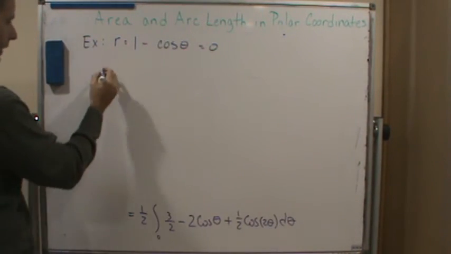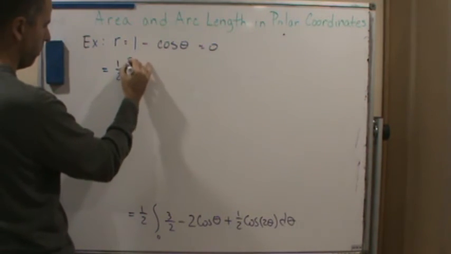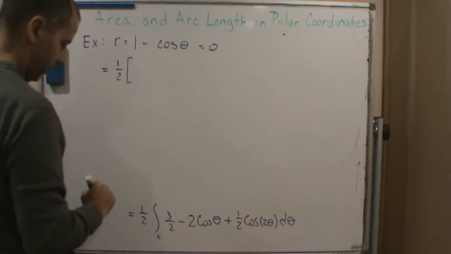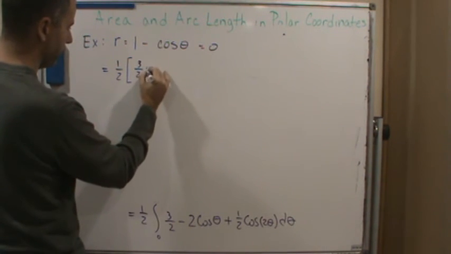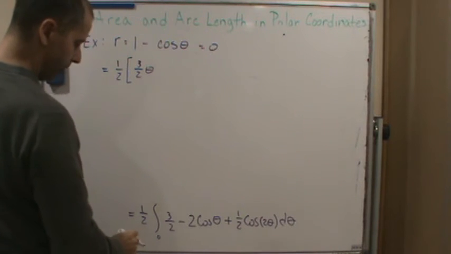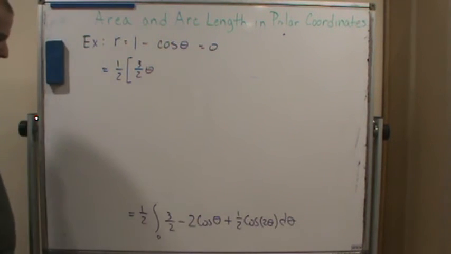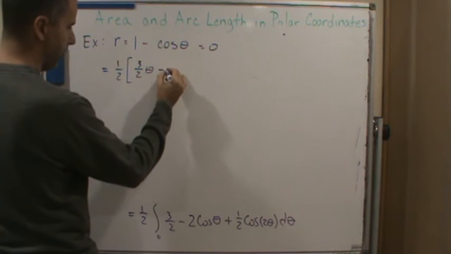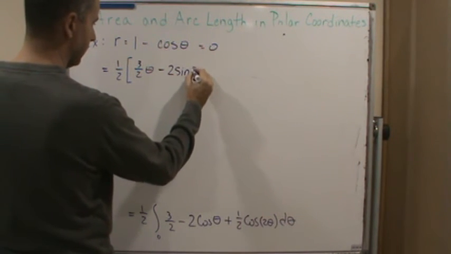And so we get 1/2 times 3/2 theta. Here, the antiderivative for cosine is what? Sine. So this is going to give us minus 2 sine theta.